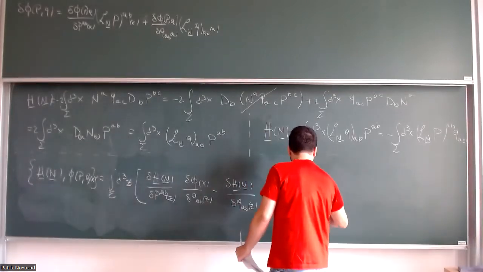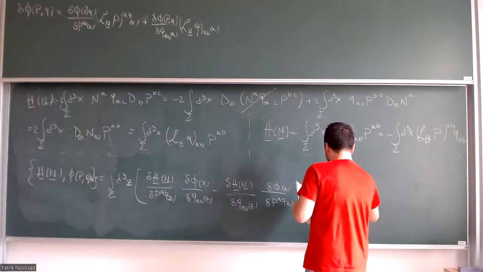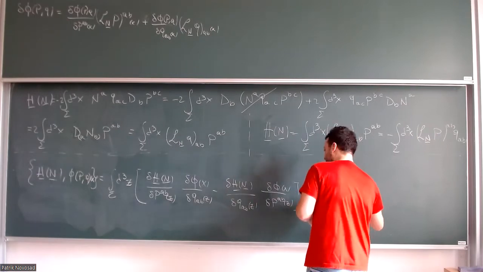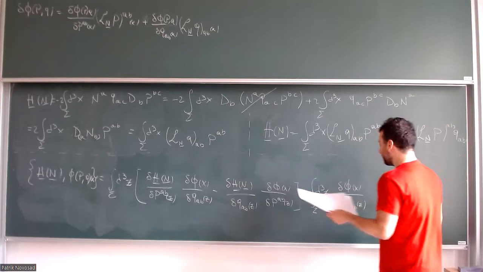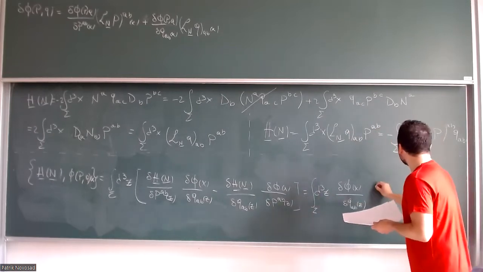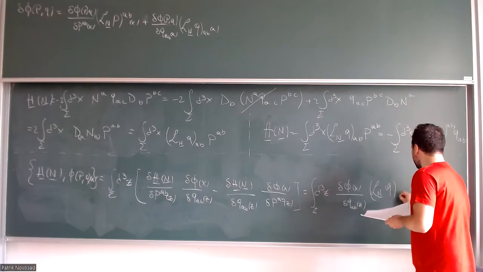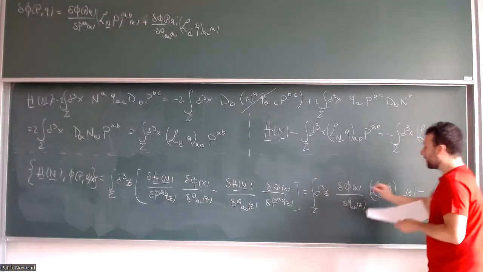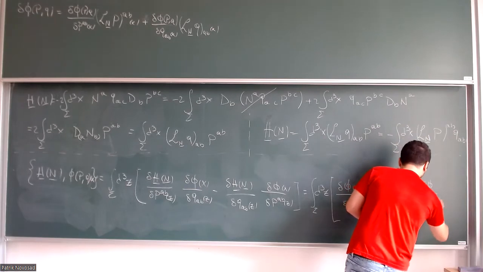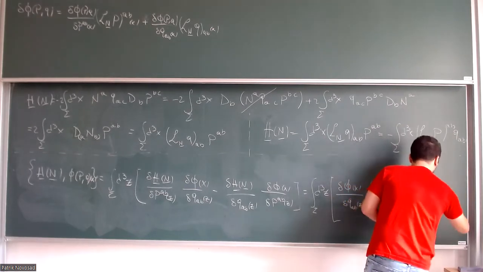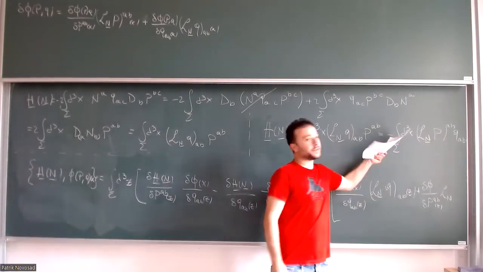So this will give delta phi x of p q z, with the plus, because the variation of this with respect to q contains the minus here.